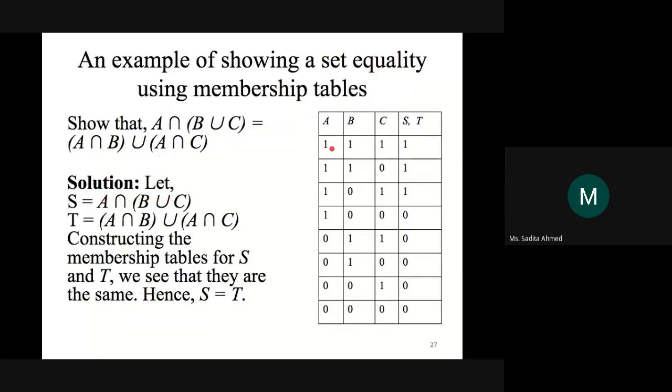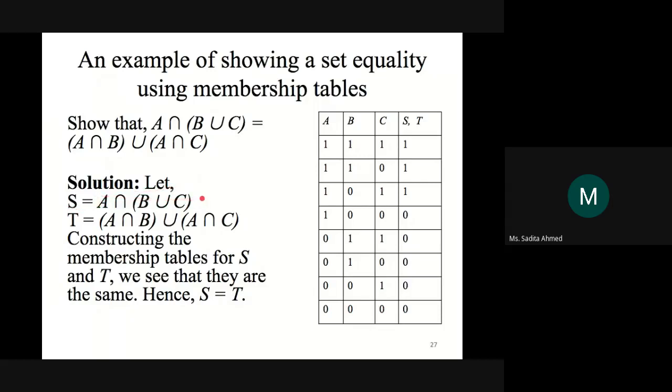Yes, it is. So the element is in A and the element is in this set as well. So will the element be in the intersection? Yes, miss. Is that clear to everybody? Yes, ma'am. Okay. So as you can see, the element is going to be in this set, the set S.